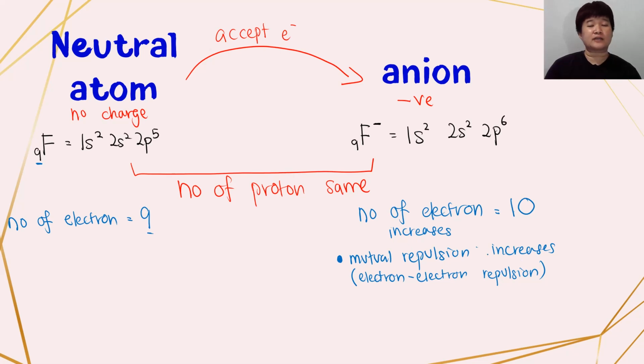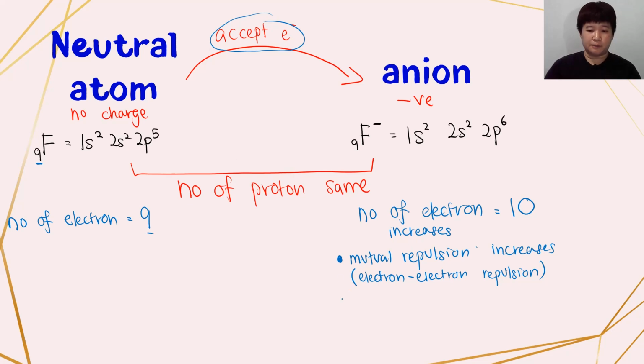Because all electrons are negatively charged. So when all the electrons are sitting together, the negative charges will repel each other. So in the anion, the mutual repulsion increases because we added electrons. So when the electron is added, the electrons in the ion will be repelling each other.